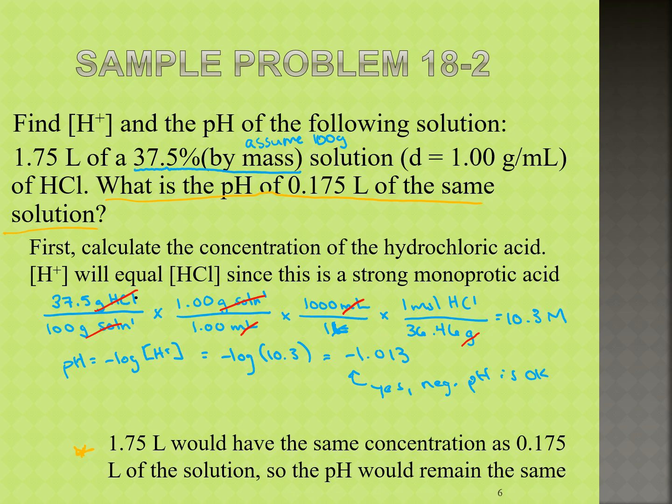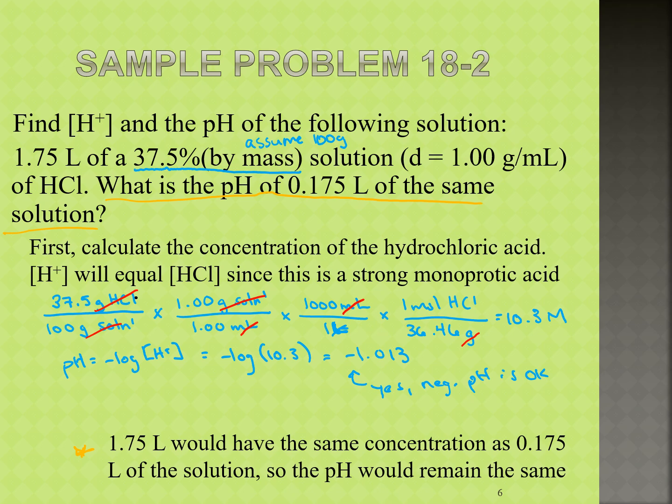Yeah, you have less volume, but you also have less solute dissolved in it, and it's going to be at the same ratio. So you're not going to change the molarity at all just by pouring some of it out. Now you could change that by diluting it, but we didn't do that. All we did was pour some into a different container.